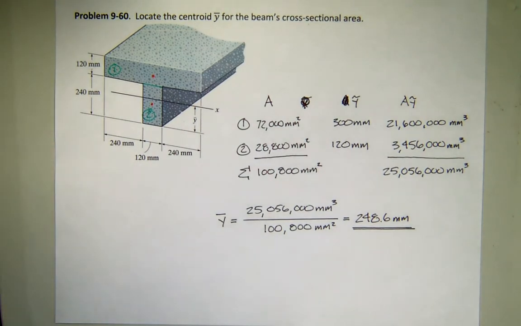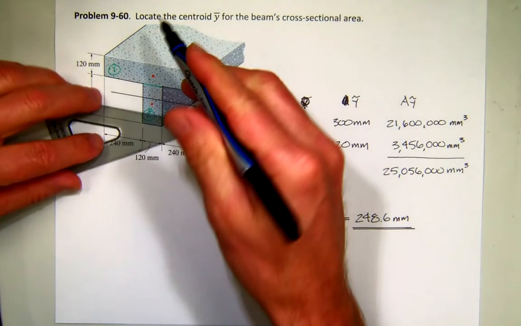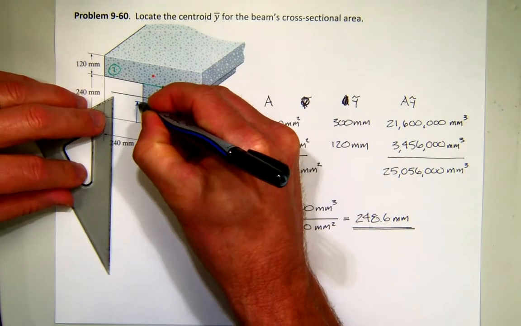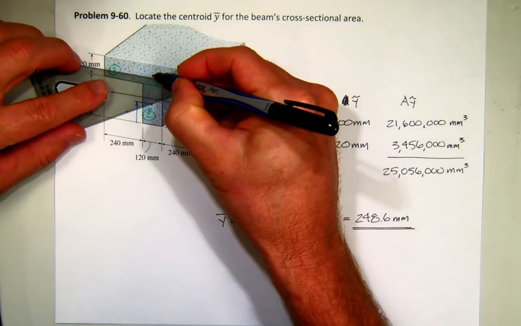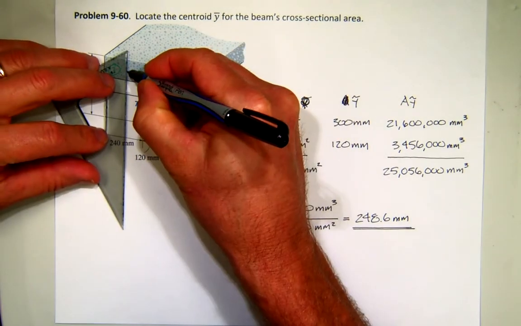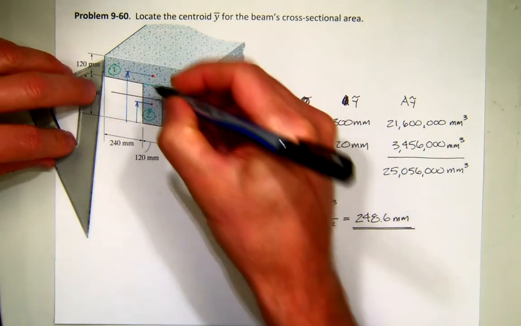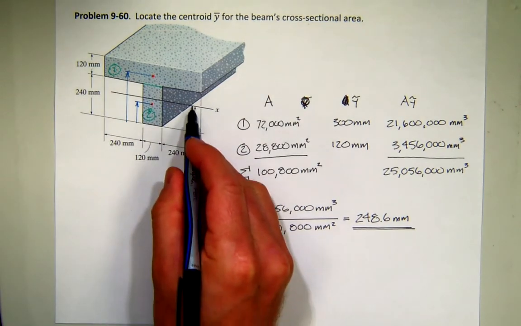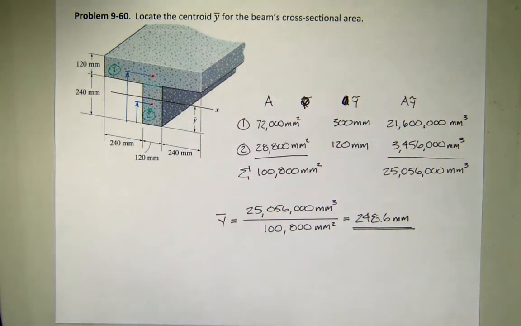So this is the height that I'm worried about for the first one, and this is the height for the second one. But they're all measured from this reference point because they indicated that's where they wanted the centroid located from, the base.